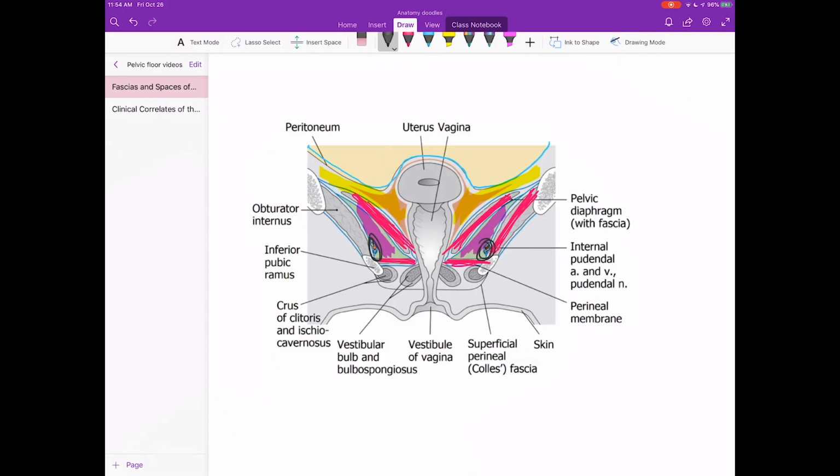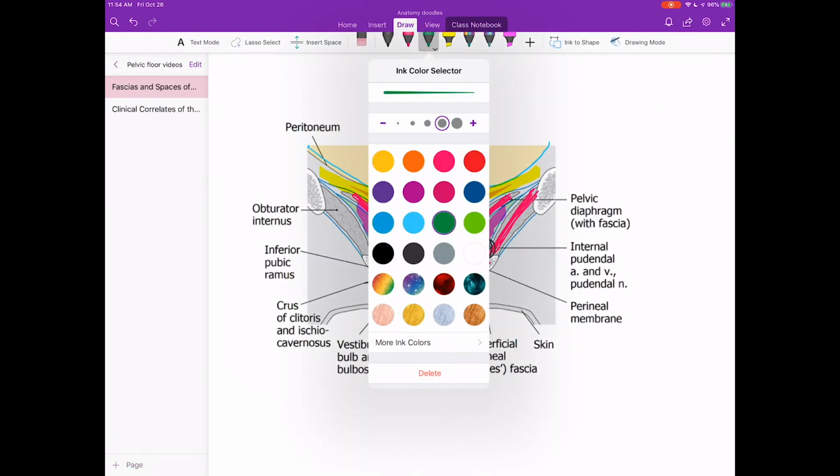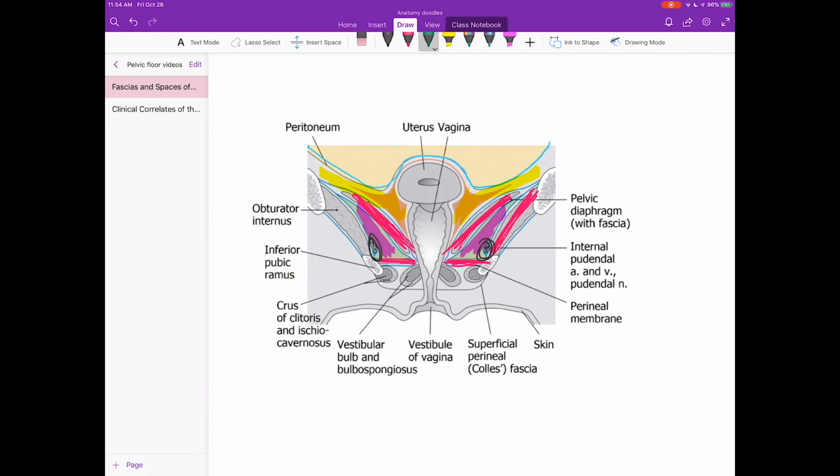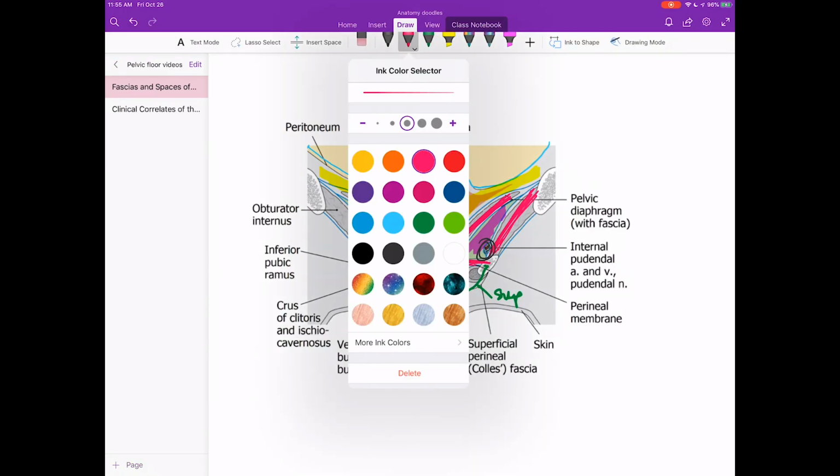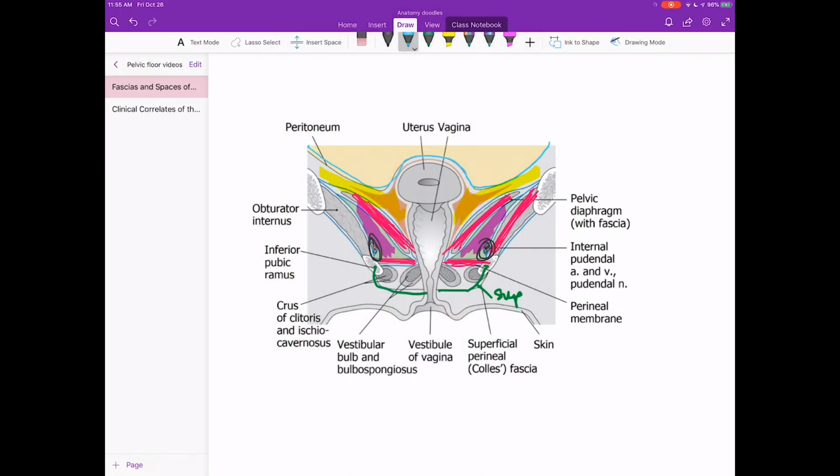Inferior to the urogenital diaphragm is what's called the superficial space, right here. So if this is the superficial space, then the fascias surrounding the urogenital diaphragm form the deep space.